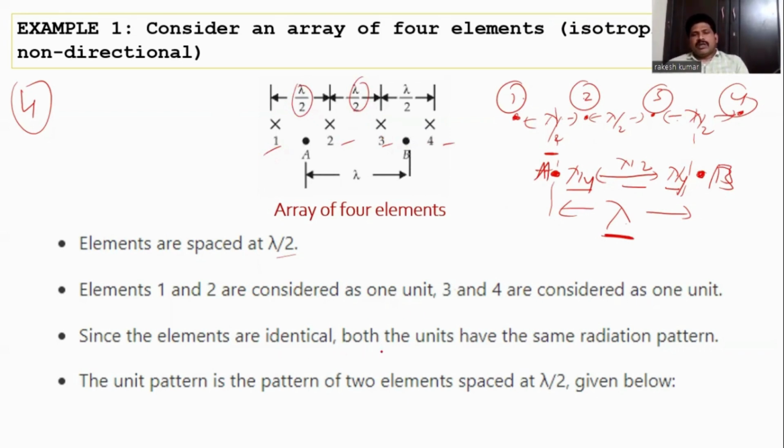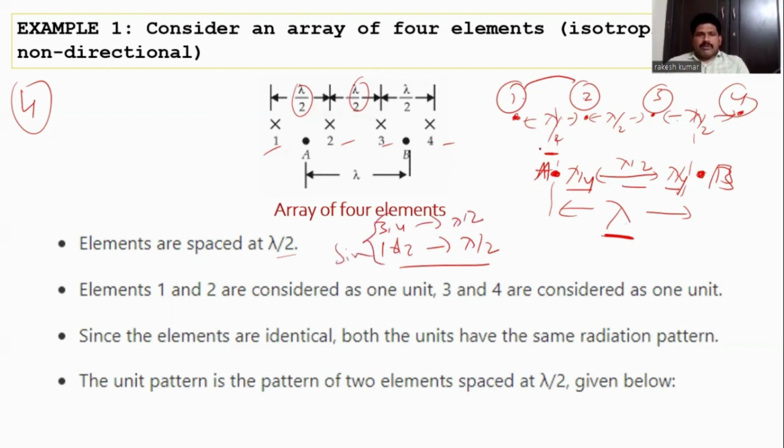Since the elements are identical, both units have the same radiation pattern. What you want to remember is that 1 and 2 are separated by a distance of lambda by 2, and similarly 3 and 4 are separated by lambda by 2, which are similar elements.